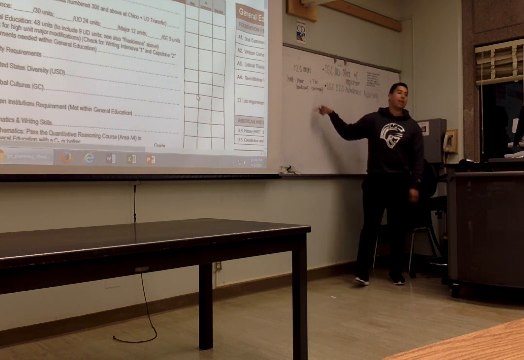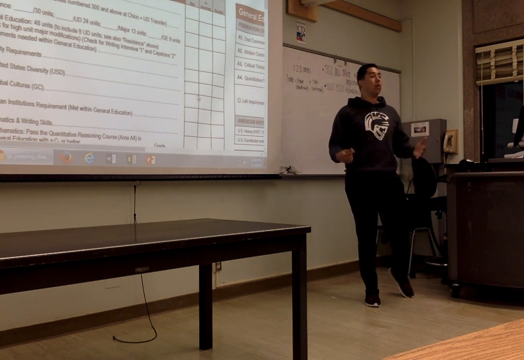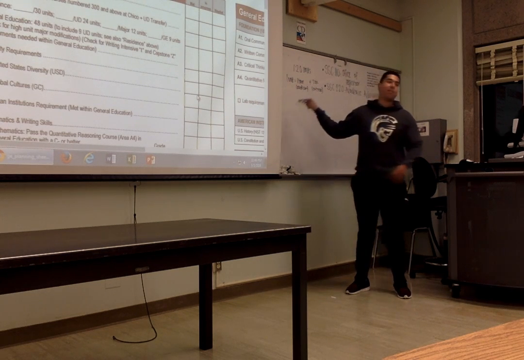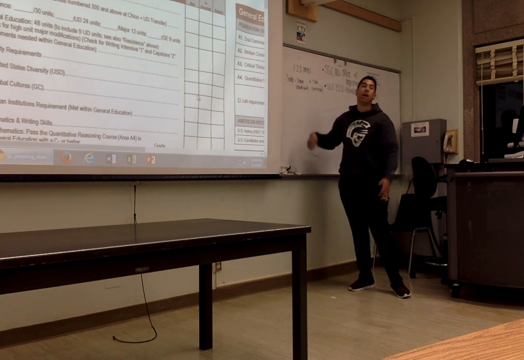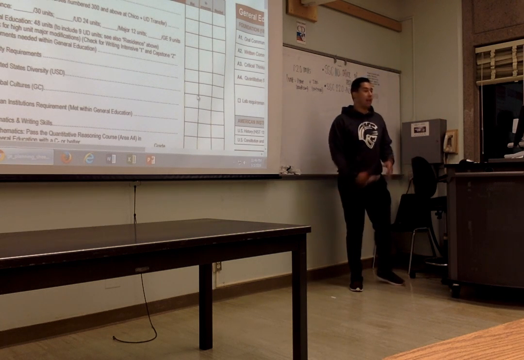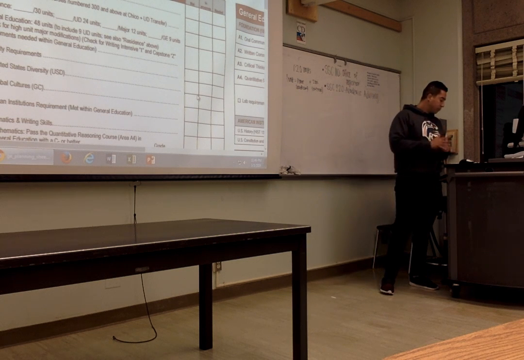When I say outside class, this can be studying, homework, anything that has to do with that class. Most classes don't take up to the 2 hours, but there are those classes where you need that extra 2 hours outside of class to accomplish the grade that you want.